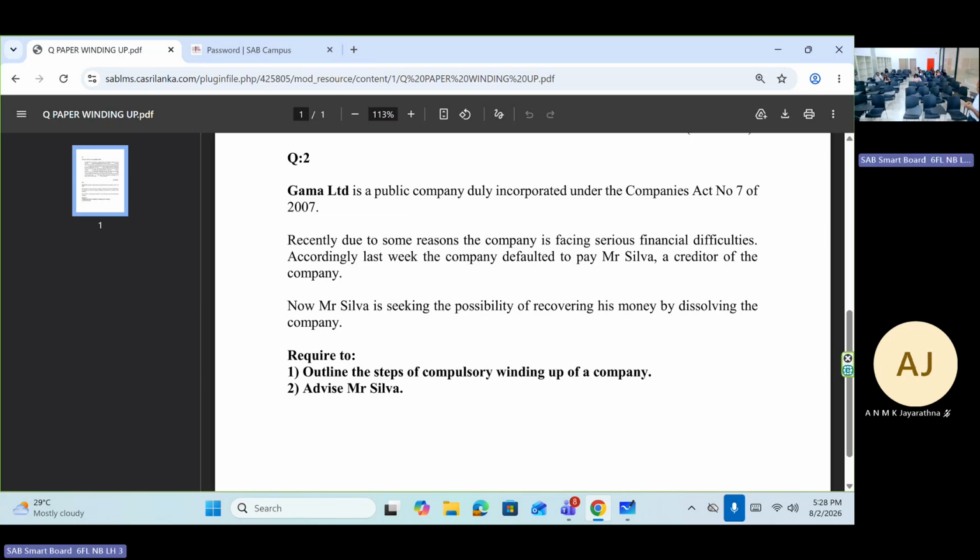In order to make an application to liquidate the company by court, by a creditor, the following conditions are to be satisfied.